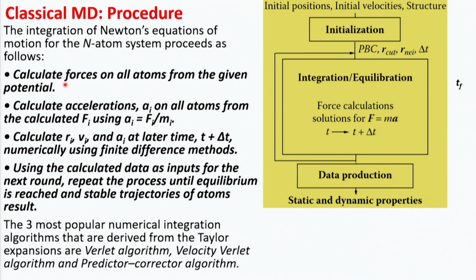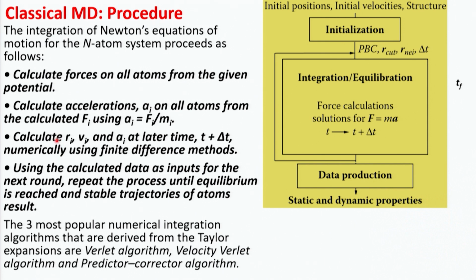classical molecular dynamics. So first we calculate the force on all atoms from the given potential, and calculate the acceleration A on all atoms from the force. Okay, and then, if you know the force, from there you get the acceleration, and you can use the acceleration to get the velocity and also to get the new position.